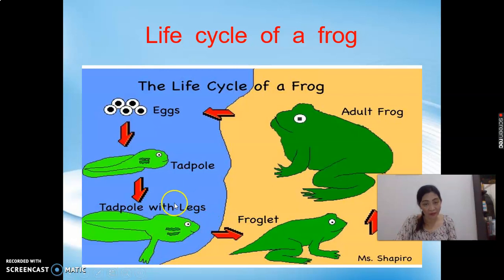Then after tadpole with legs is froglet. And after froglet is adult frog. Then when the adult frog is pregnant, she has an egg. Then after that, tadpole, tadpole with legs, froglet, and again adult frog. That is a cycle of a frog.